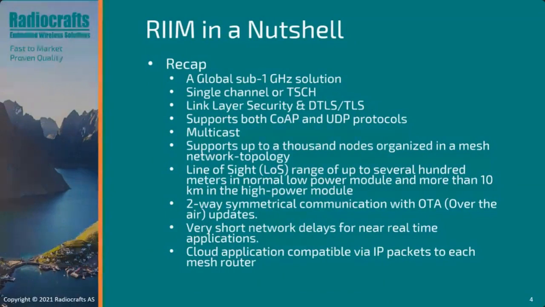A single RIIM border router can support up to 1,000 nodes with the ability to send multicast messages as well. As for range, actually, let's speak about range when we get to it. So this is RIIM in a nutshell, very briefly.